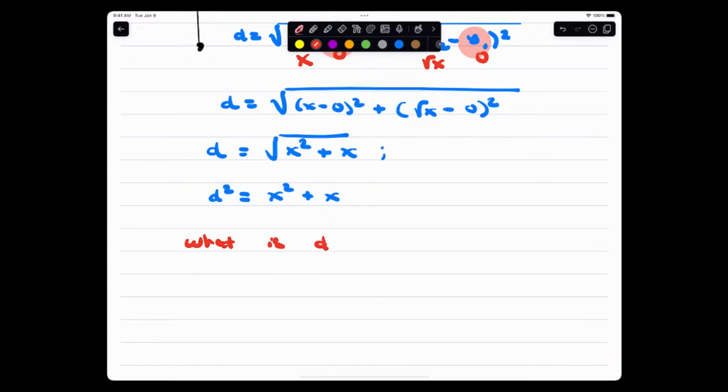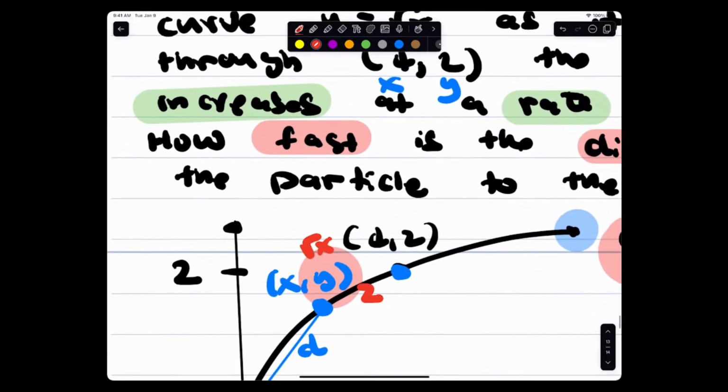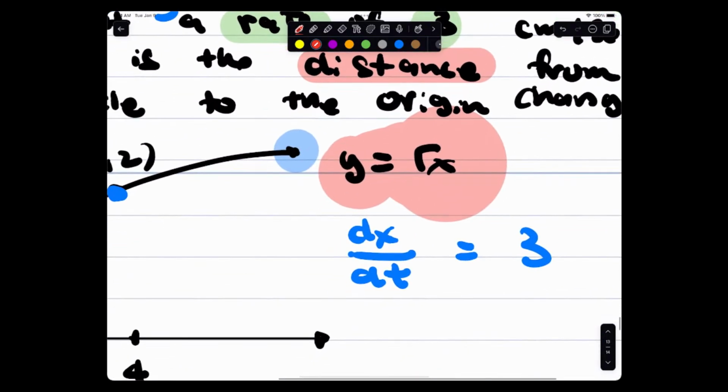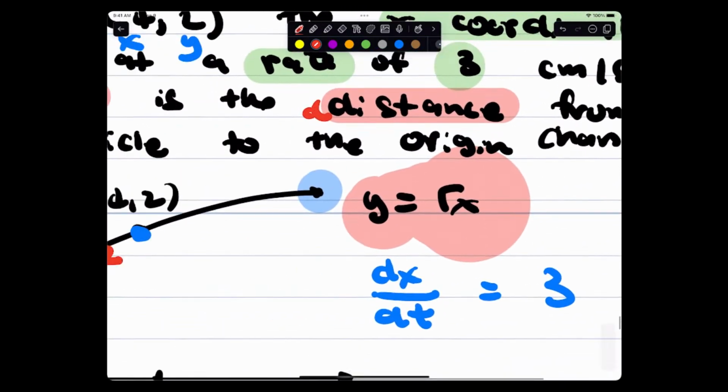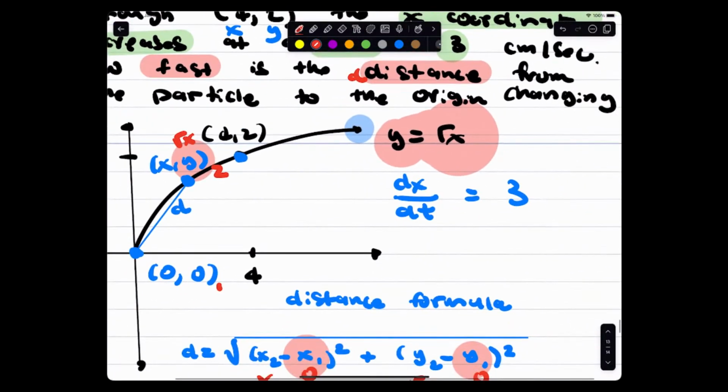What is dd dt? That variable. How fast is the what? Distance, that's the d. From the particle to the origin changing, that's this d right here. Isn't that the d?